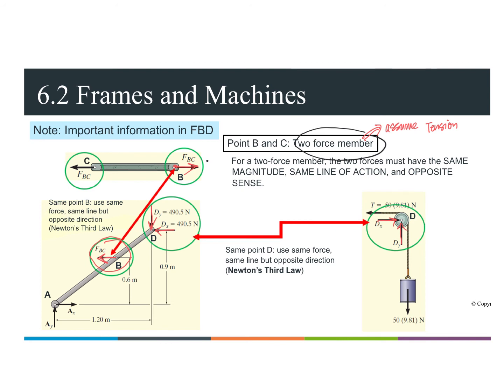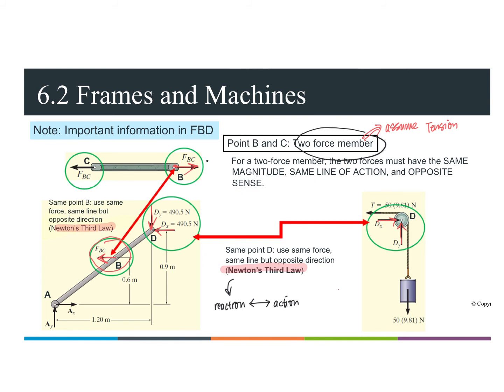Same point B, use the same force, same line, but opposite direction, because we apply Newton's third law, where we know that under Newton's third law, it has to be a reaction and action kind of process, right? That's why we have to apply different directions in different FBD members. So different member, different direction.